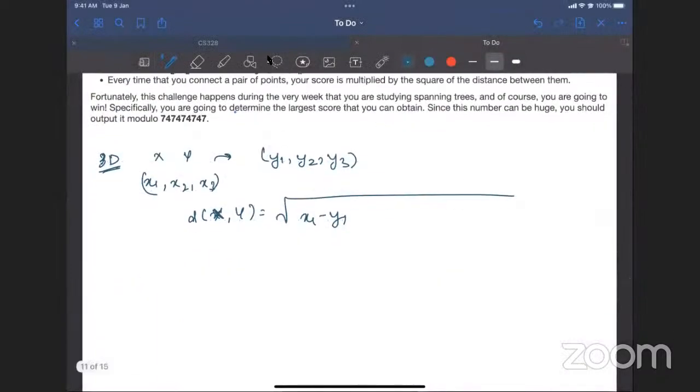Right. So I was talking about the distance in 3D. What you do is basically pairwise subtraction of all the coordinates, then you square them, and then you sum them.